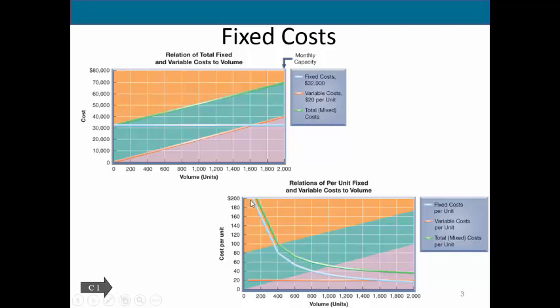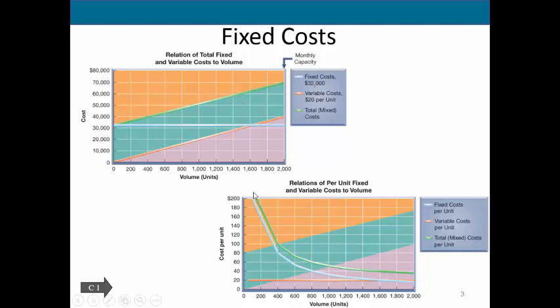Now let's look at our fixed cost line. Remember, if you're talking about costs on a per unit basis, the way you get to that per unit cost amount is you take your total fixed cost and divide that by however many units you have made. So, if we make 1 unit, the fixed cost for that 1 unit is going to be calculated for this example as $32,000 in total fixed costs divided by 1 unit.